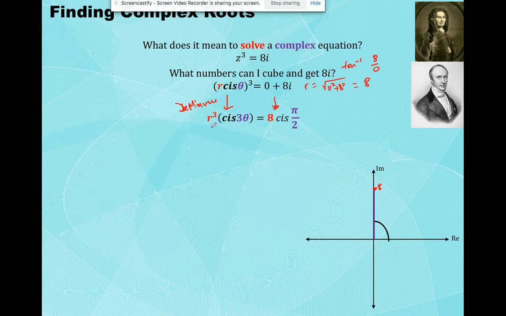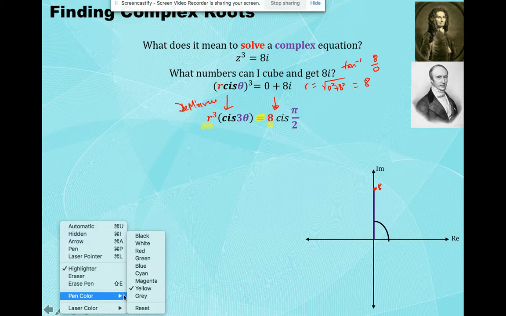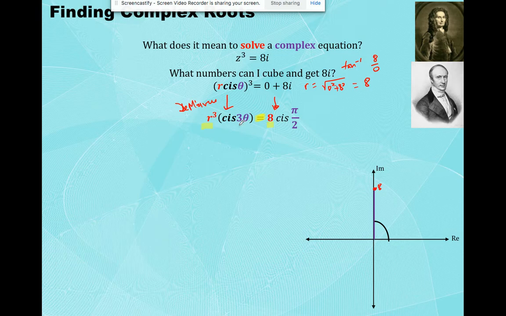Now I'm going to use my algebra brain. I have an equal sign. Therefore, the real components must match up, and the arguments must match up, only because I have an equal sign.